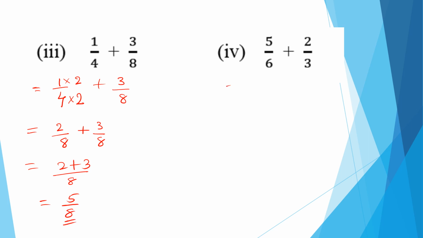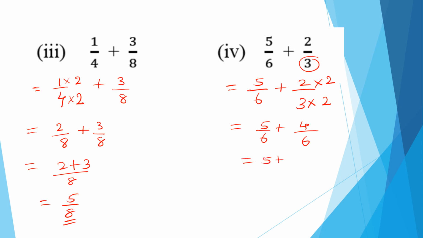And here also we don't have a common denominator, therefore we can turn this 3 into 6, right? So for that we'll follow these steps. This is 2 over 3, and you multiply this 3 by 2, and therefore you have to multiply this 2 also by 2, and then you get 5 over 6 plus 4 over 6. Then you get 5 plus 4 over 6, which is 9 over 6.